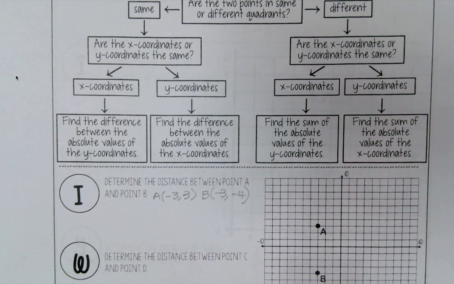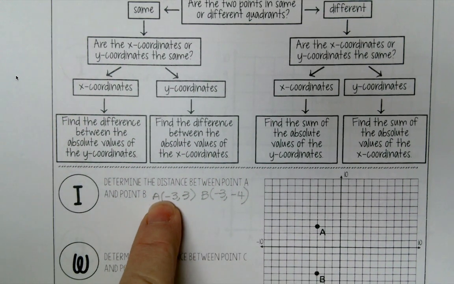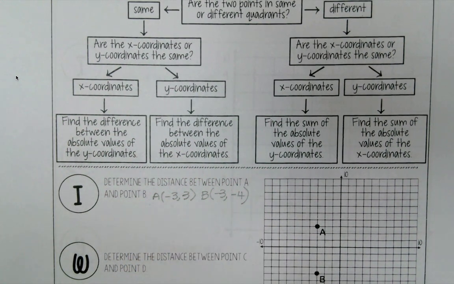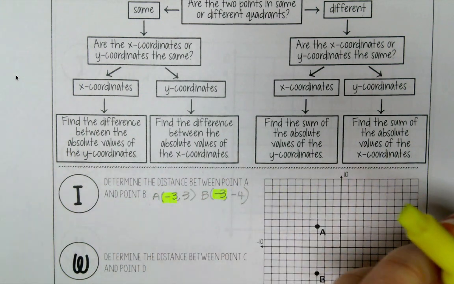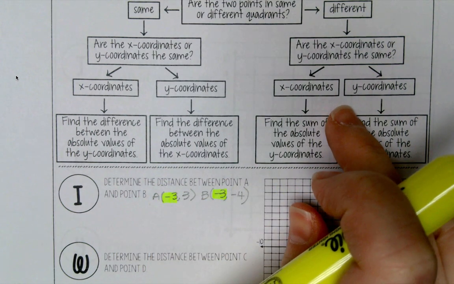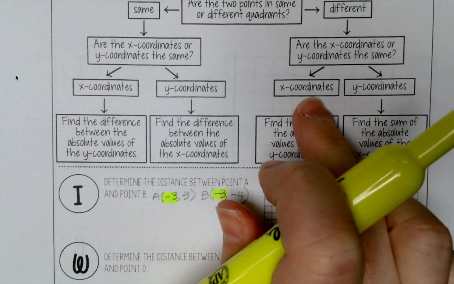So I'm going to highlight what is the same. You can underline, circle, highlight, whatever helps you, okay? So my x is negative 3, my x is negative 3. So I know they're the same. So these guys are the same. My x's are the same, okay? So x's are the same.